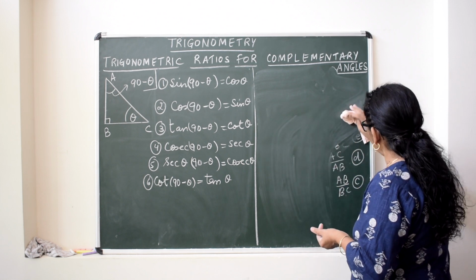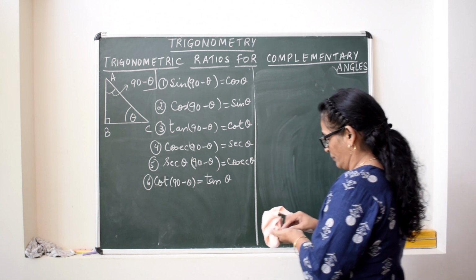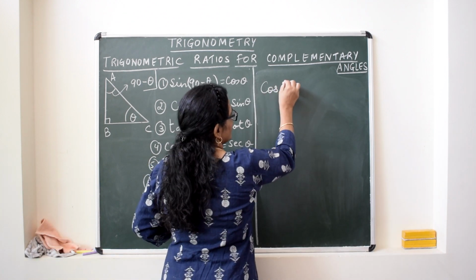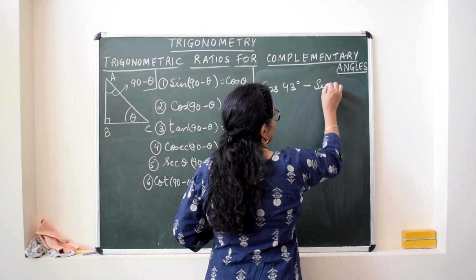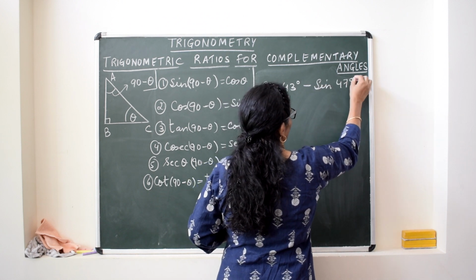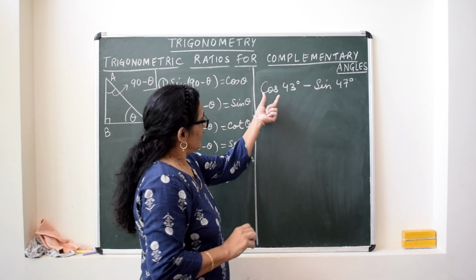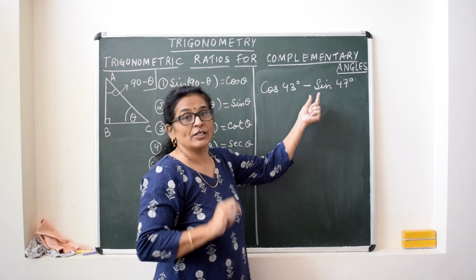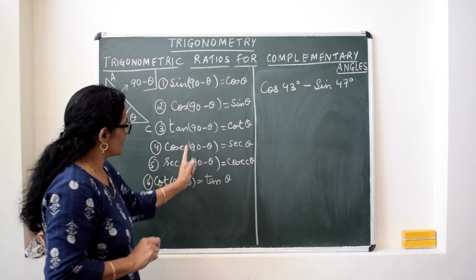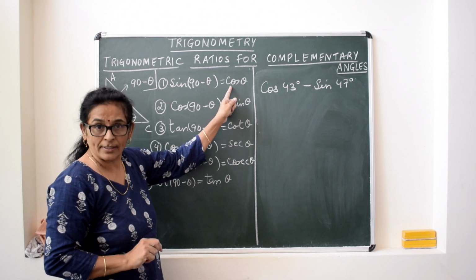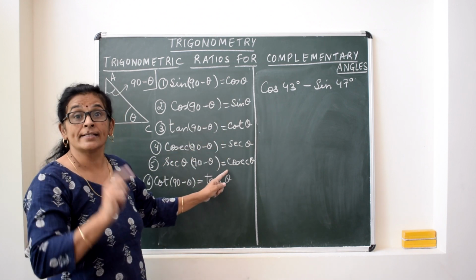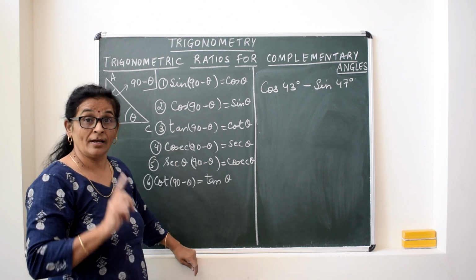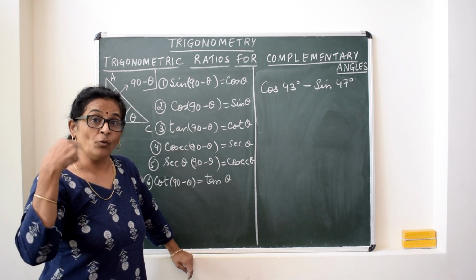So for example, if it is given cos 43 degrees minus sin 47 degrees. Now these all will be given in the combinations because the relations are like with sin, cos is related, with tan, cot is related, with sec, cosec is related. So the combinations will be given and we will change any one of them.